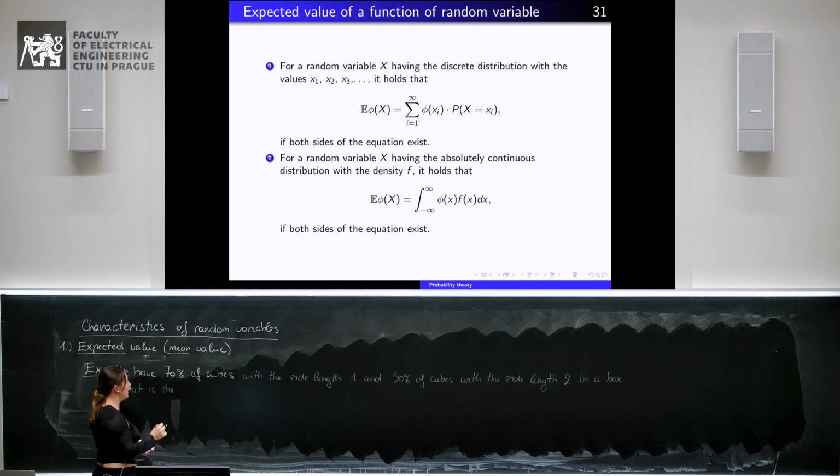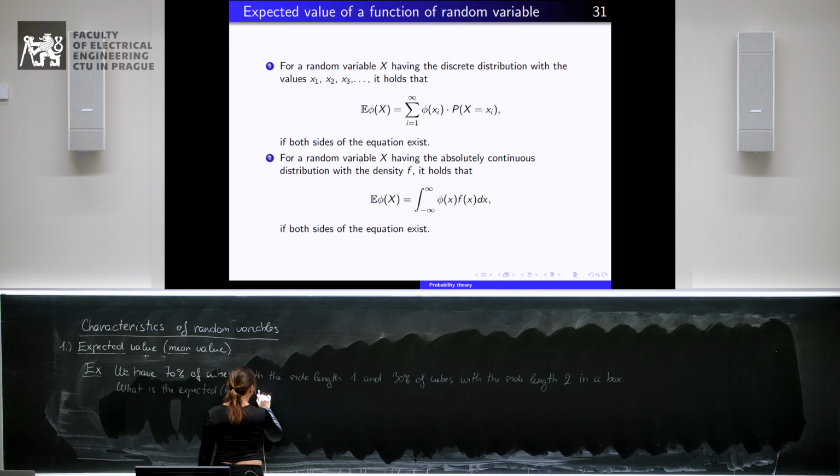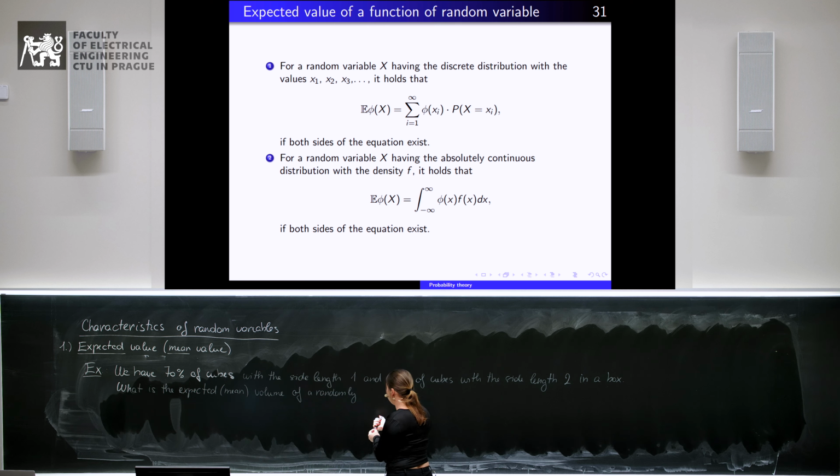What is the expected, or better to say the mean, volume of a randomly chosen cube?